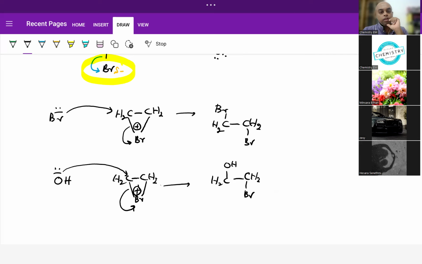Okay. So if I ask a question like this, why is CCl4 used with Br2? Why not any other component? Why is CCl4 suitable to apply with Br2? What is the reason? Anybody?